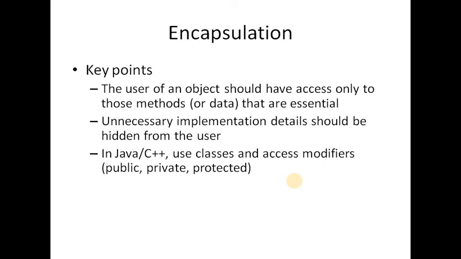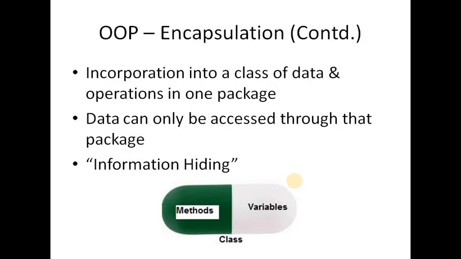Here the data of the sales section and the employees that can manipulate them are wrapped under a single name, that is, the sales section. So encapsulation also leads to data abstraction or hiding. So this is the representation of encapsulation: incorporation into a class of the data and operations in one package.